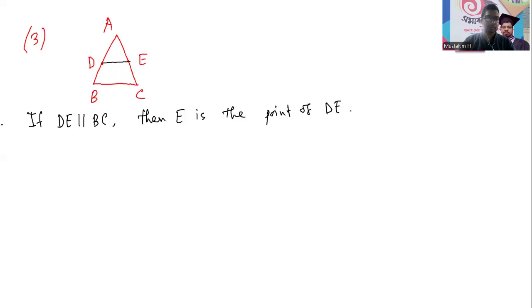Now, suppose we think that E is not the midpoint. We think that another point F is the midpoint.